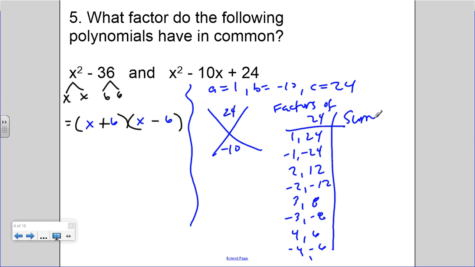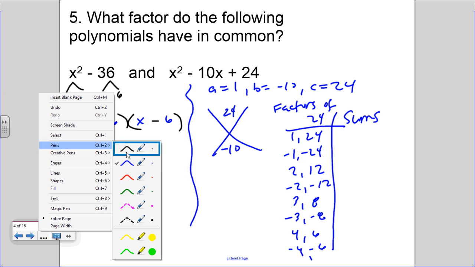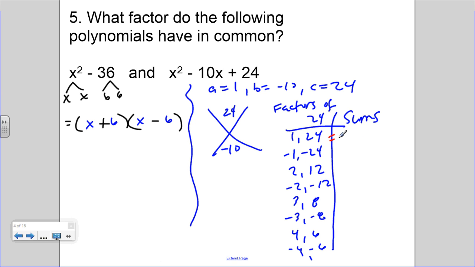Now find the sums. 25, negative 25, 14, negative 14, 11, negative 11, 10, and negative 10.